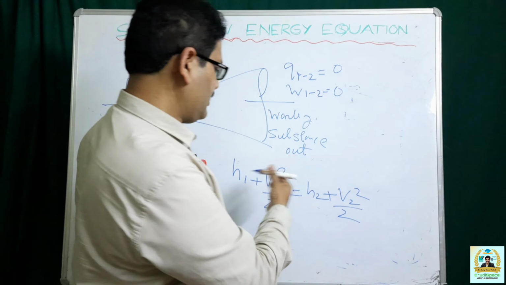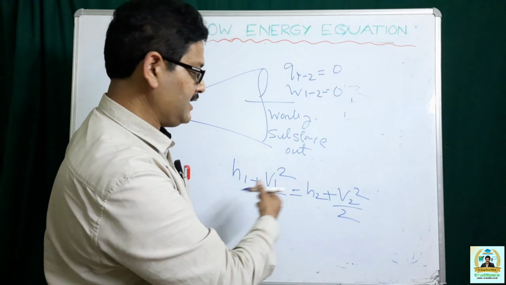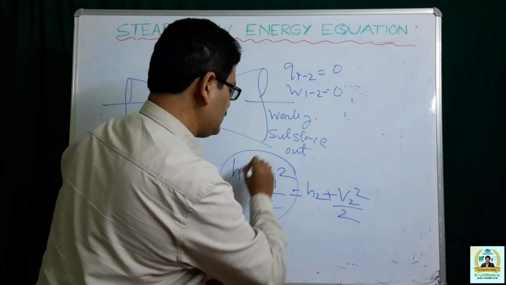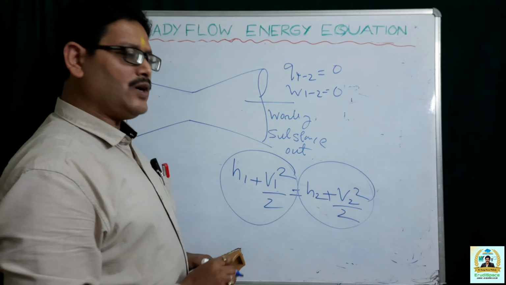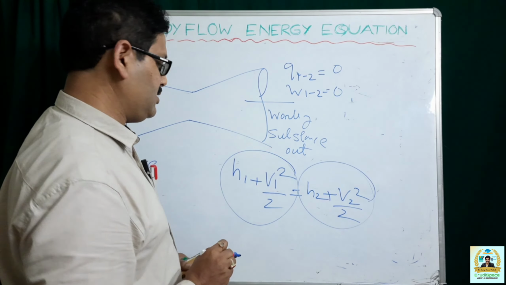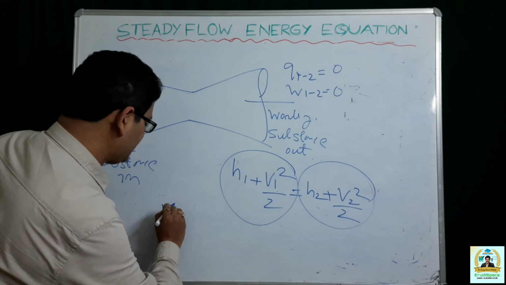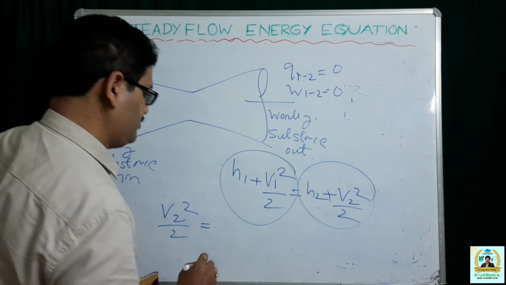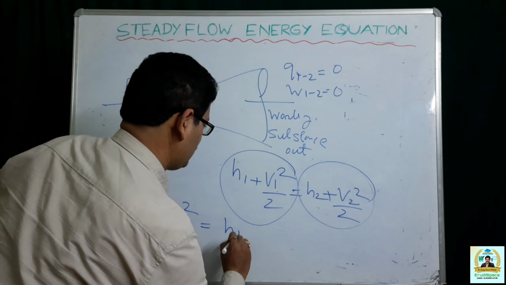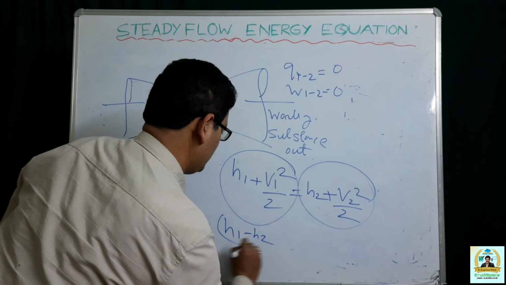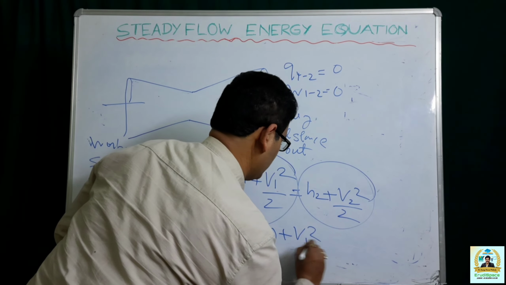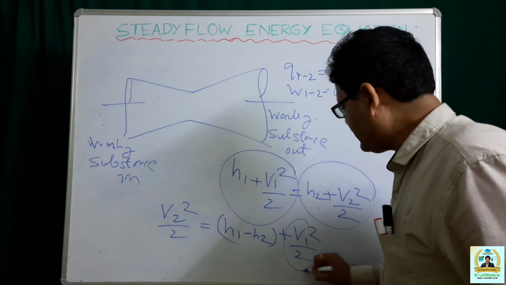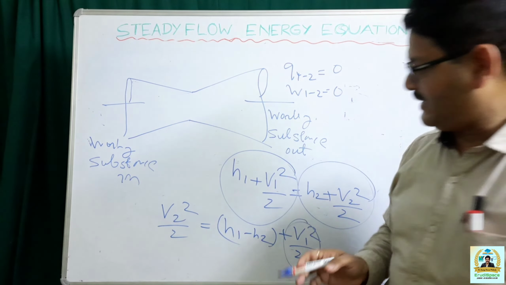The potential energy on the left hand side balances the potential energy on the right hand side, and now H1 plus V1 square by 2 is equal to H2 plus V2 square by 2. You can say that V2 square by 2 is equal to H1 minus H2 plus V1 square by 2. Usually the velocity at the entry is negligibly small, so it can be neglected.